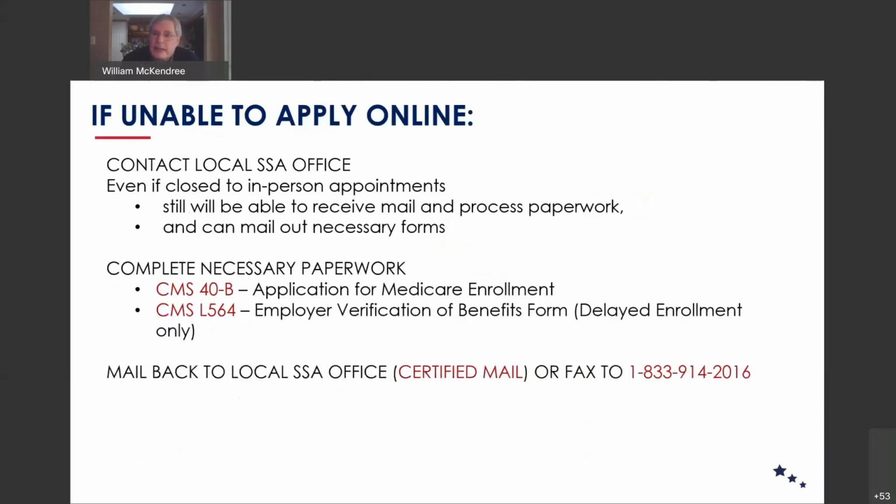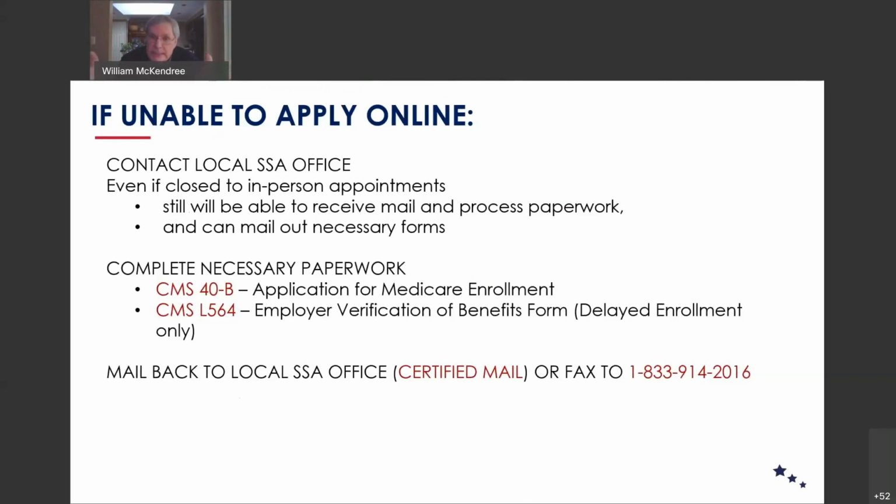And if you cannot apply online at all, now it gets really likely there's going to be an issue, because you're going to have to get the forms by paper, which means, well, download them. If you could download them, you could do the application. No, you're going to get the Social Security Administration to send them, which means you've got to reach out and get them to listen. This is an emergency.